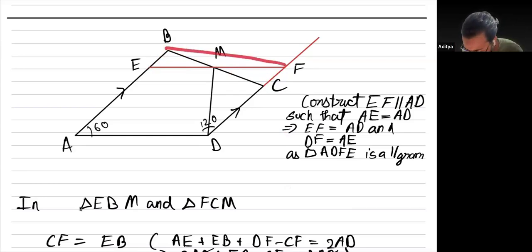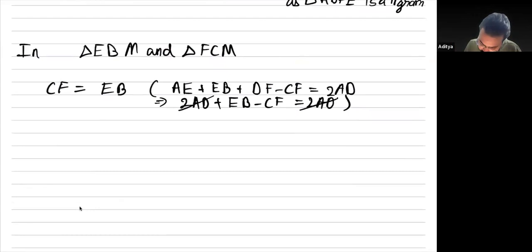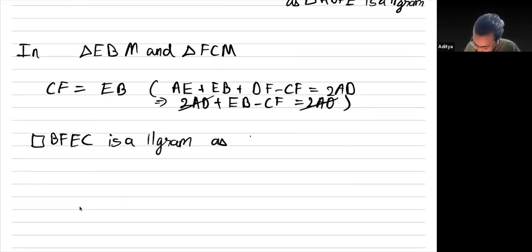So BFCE forms its own parallelogram, correct? Because these two are parallel line segments which are equal. So they form their own parallelogram, which means that these two triangles are going to be congruent. Quadrilateral BFEC is a parallelogram as CF parallel to EB and CF equal to EB.